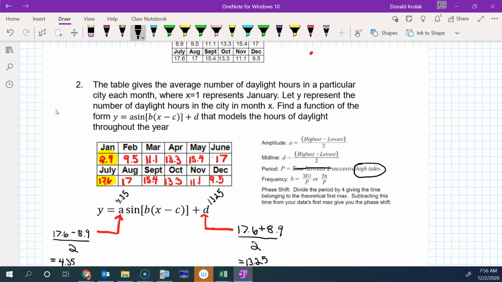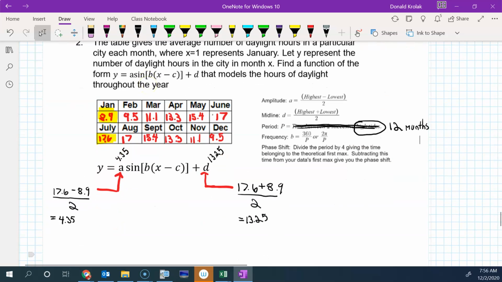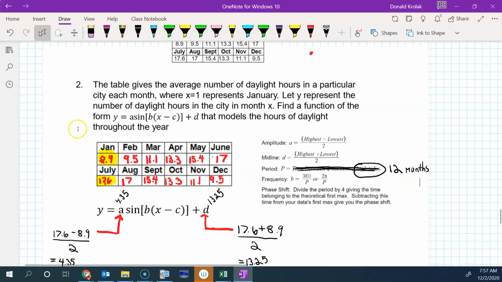So we don't look for two highs and find how many months are between them. Since it's measuring daylight for a whole year, the period is 12 months. So any problem like this, anything that's measuring data throughout an entire year, taking one data point for each month, your period is automatically 12 months.